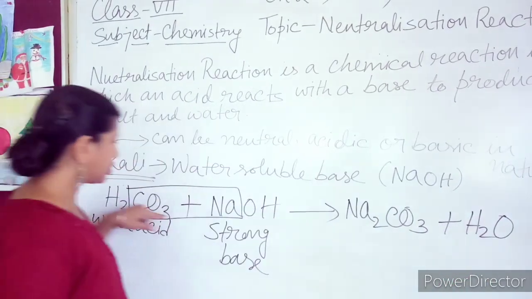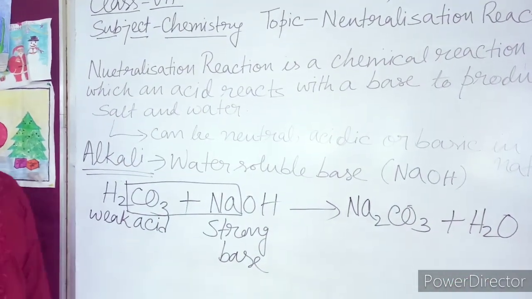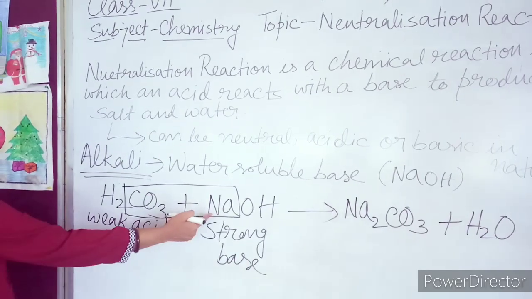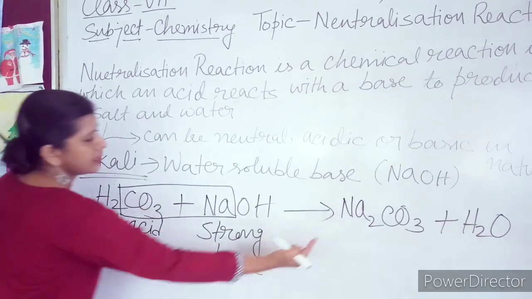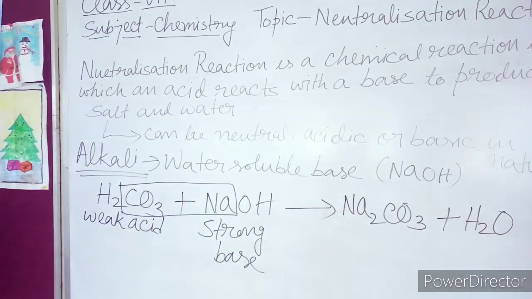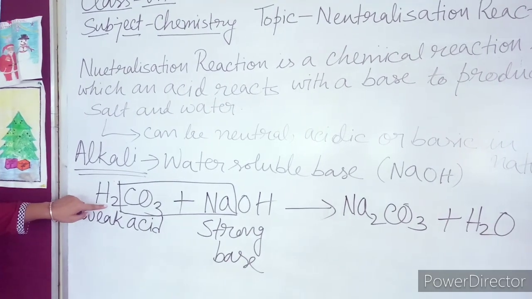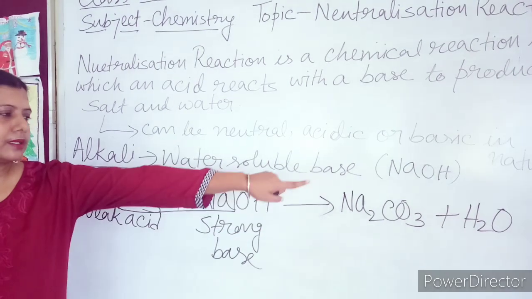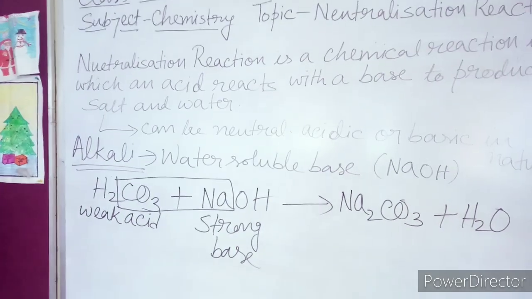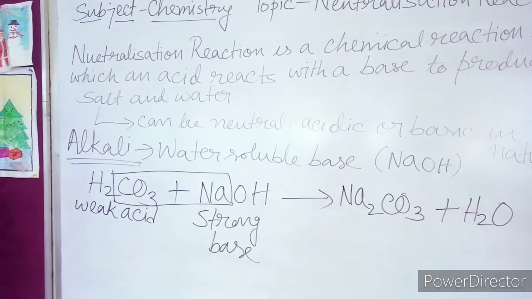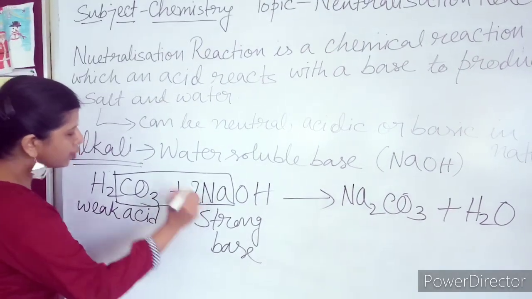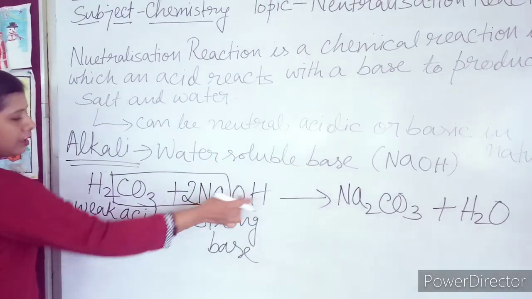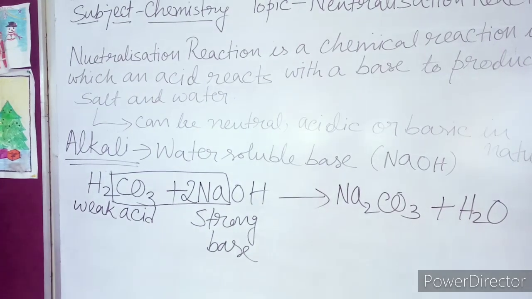Now in this reaction I can find it is not balanced. How? This side one sodium is there, this side two sodium is there, this side total number of hydrogen 2 here, another one is here 3, but that side it is 2, so I have to balance it. For balancing I am putting 2 here. So here all the atoms are 2 times.